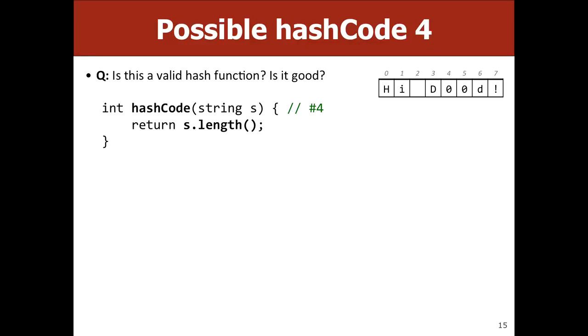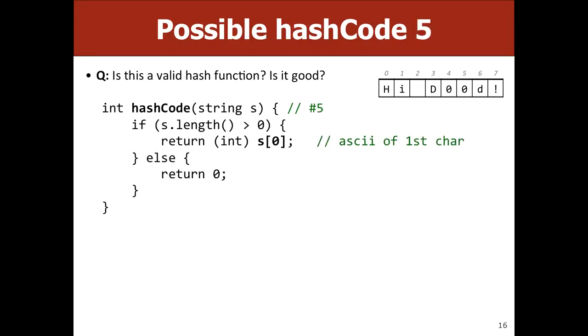It's better than always returning 42, but if we were trying to hash all of the words in the dictionary, there aren't that many different lengths of words, right? So even if we were to have an array of size 100, you aren't really going to get elements in the 99th and 100th buckets because the English language doesn't have words of that length. So better than 42, I would say still not great.